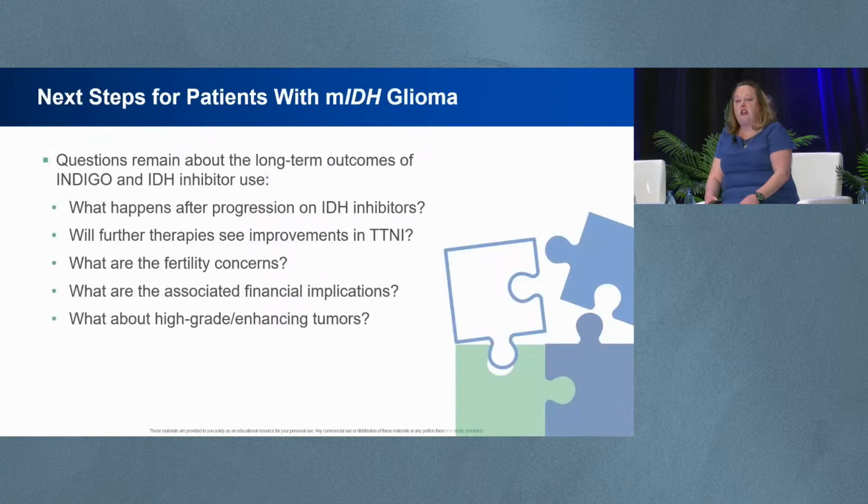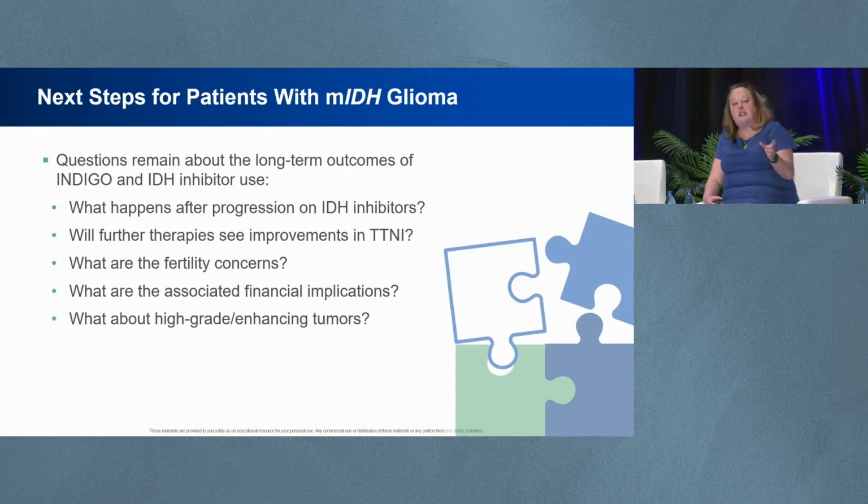So even though we've learned a lot and we now have a second interim analysis, I'm sure many of you, and a lot of us on this panel, have a lot of questions. What happens after progression on IDH inhibitors? How do we treat those patients appropriately? What further therapies will see improvements in time to next intervention? How can we combine these therapies? And Dr. Galanis has hinted at that.